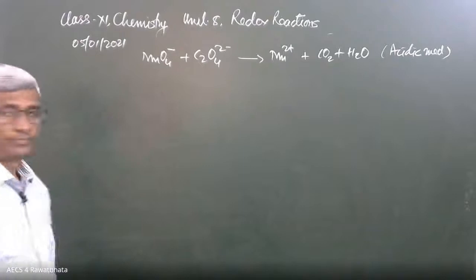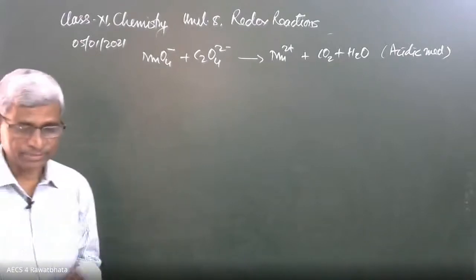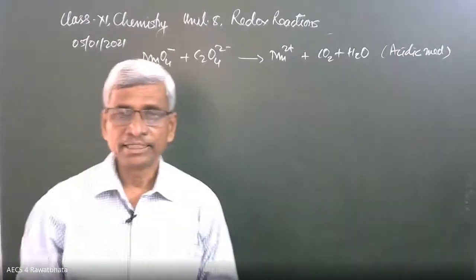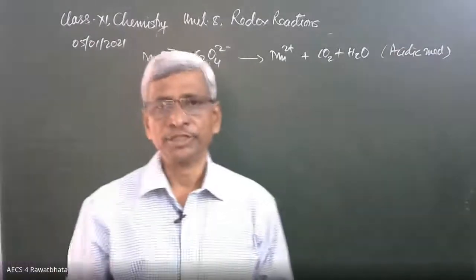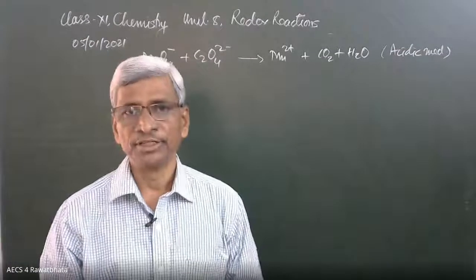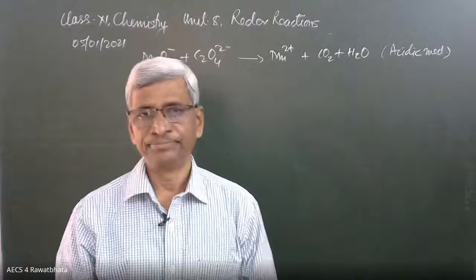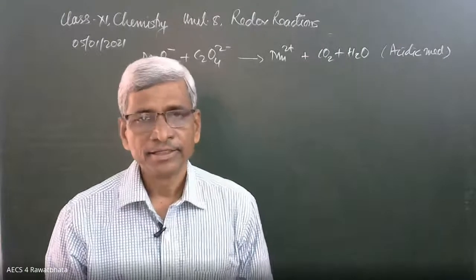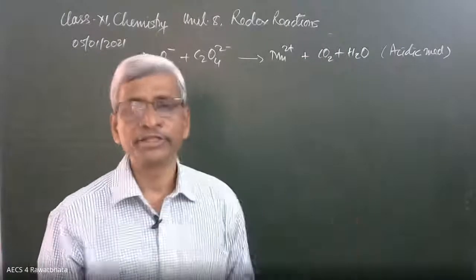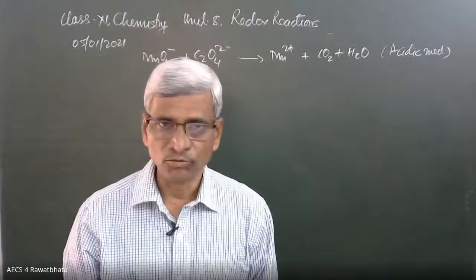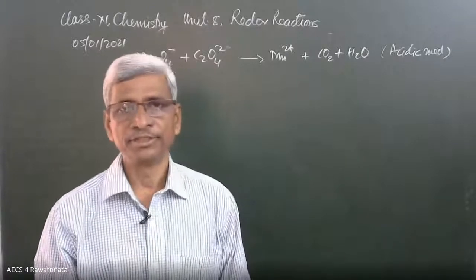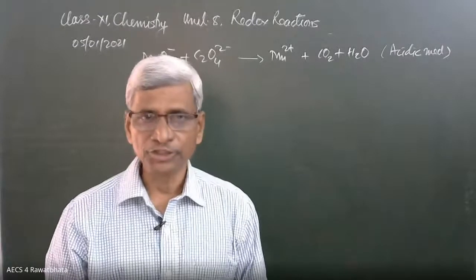So what to do? Actually, these two examples which I have taken, this is the reaction involved in titration that students are performing in the lab. And they can write this ionic reaction in their notebook. This is redox titration.